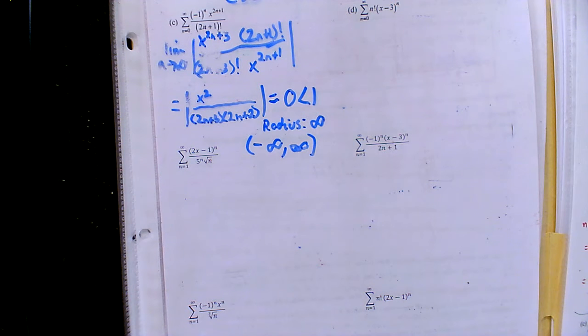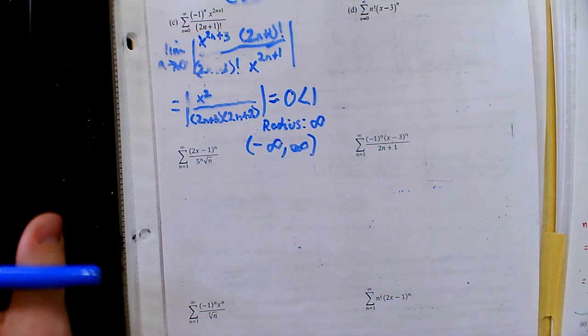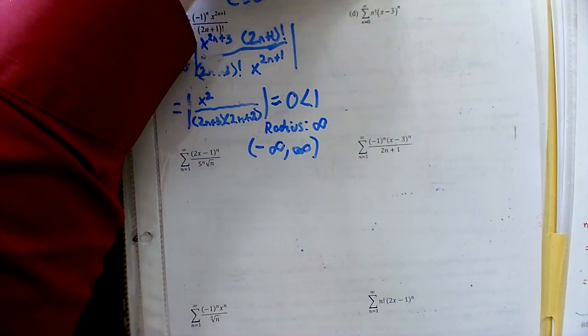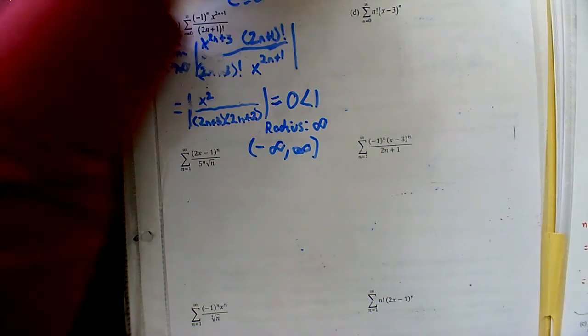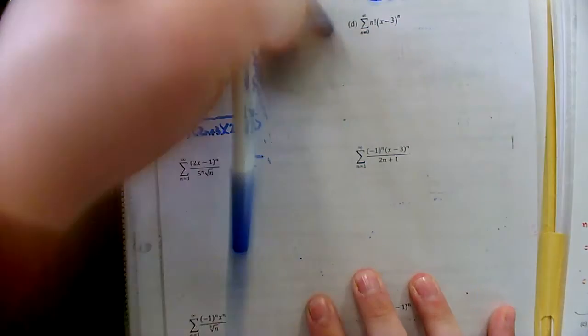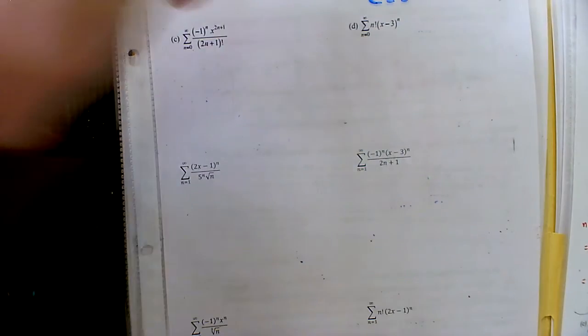All right, so that's it for part C. Any questions, Eric? No? Nope. All right, let's go to letter D. All right, the center this time is what? 3. Let's go ahead. I'm going to erase, so I have room. We're going to do our ratio test.